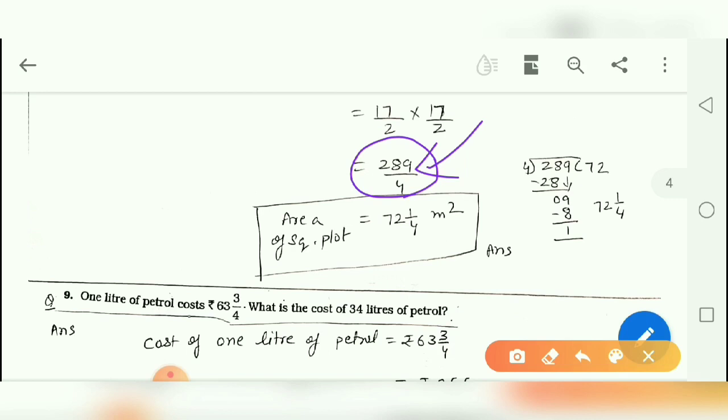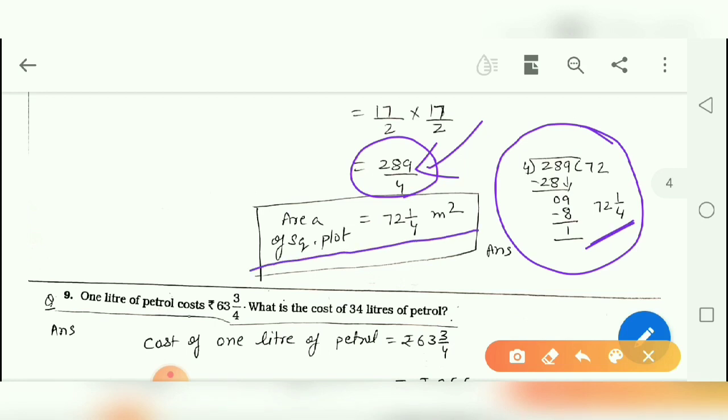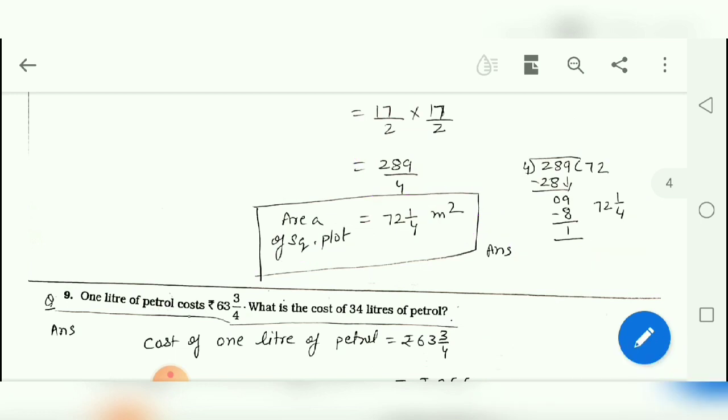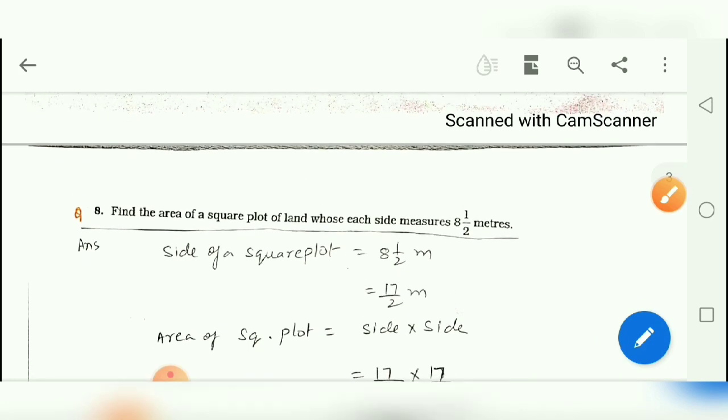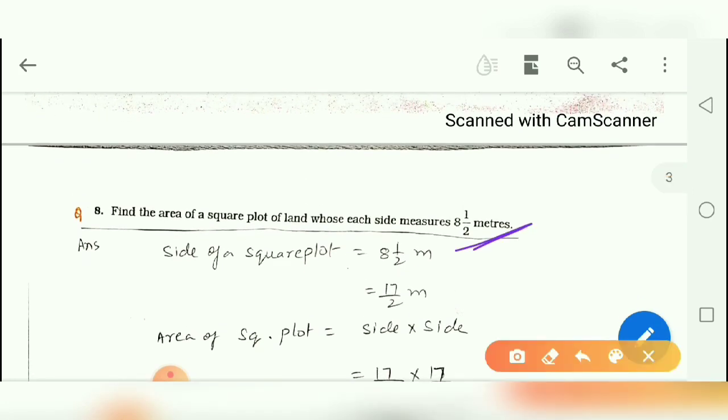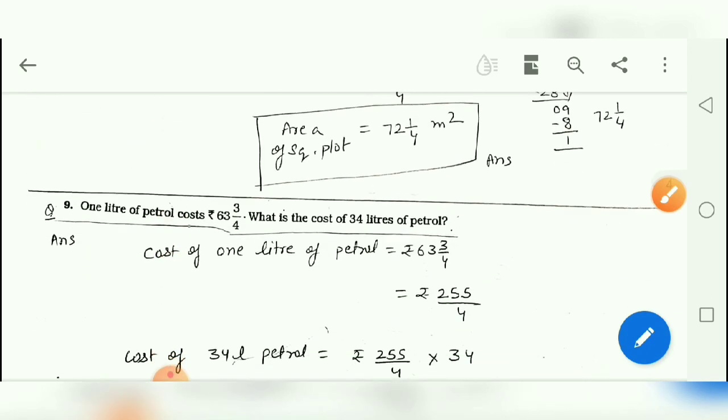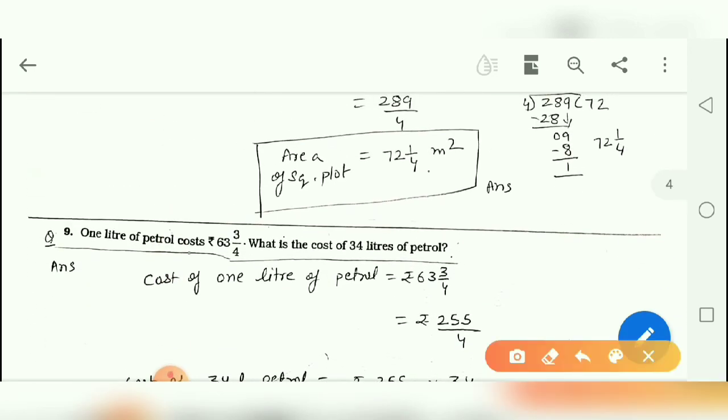Because it is an improper fraction, we will convert this into a mixed fraction like this, and I'll write the answer as area of square plot is 72 1/4 meter square. The unit of the area is meter square because dimensions are given in meter. See in the question, the side is in meter, so area will be in meter square.